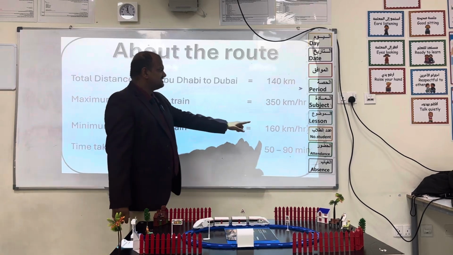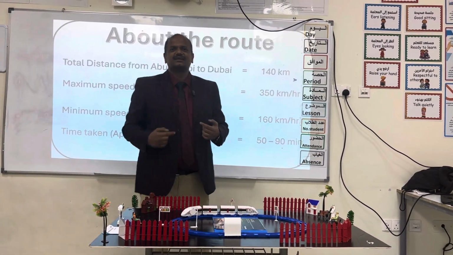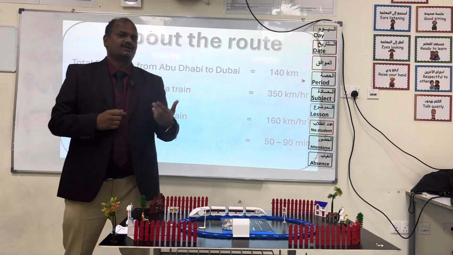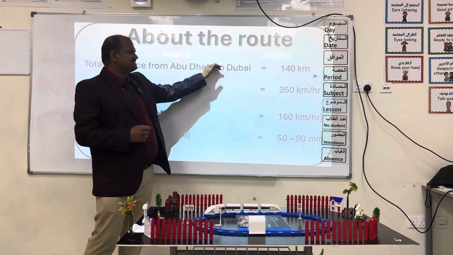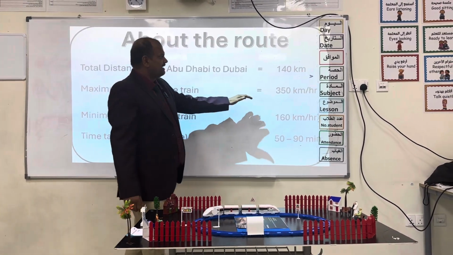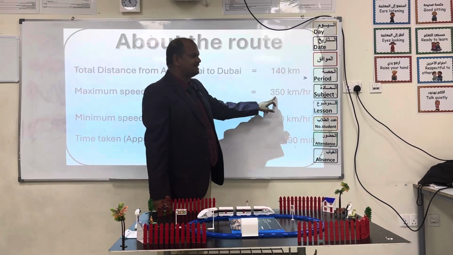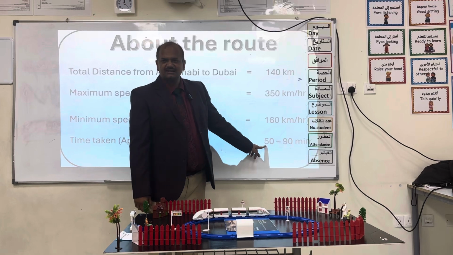So based on this information, how will you calculate the time? You can explain to the audience that time taken can be calculated by distance divided by speed. So if you divide the distance by the maximum speed, you will get the minimum time. It is approximately 40 minutes.